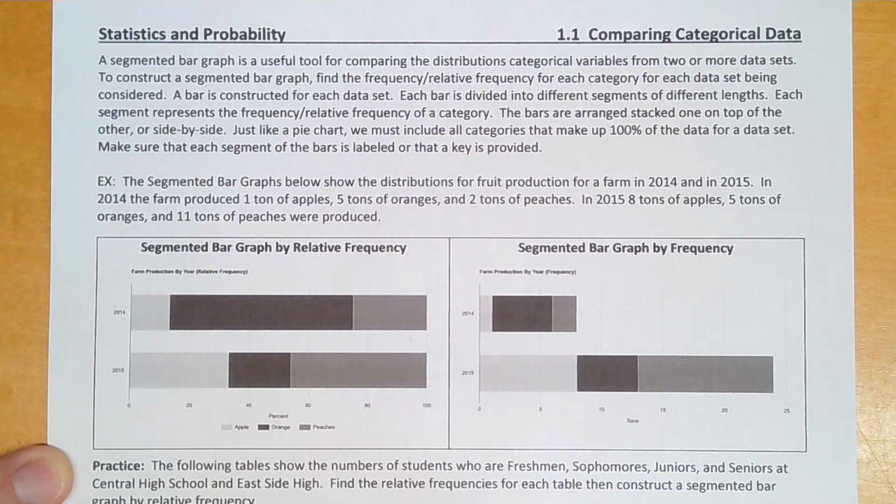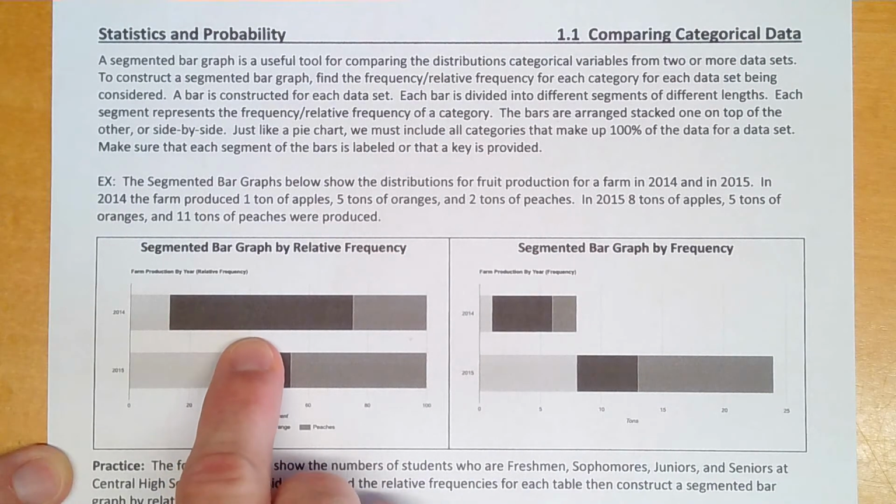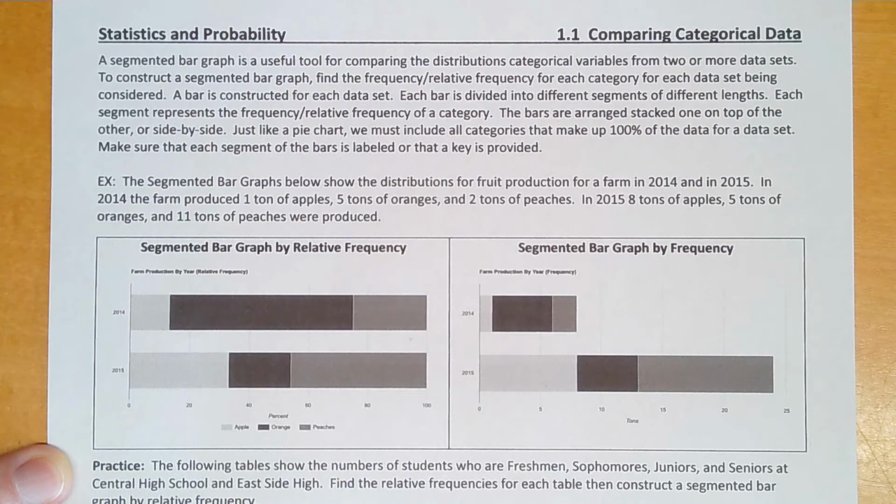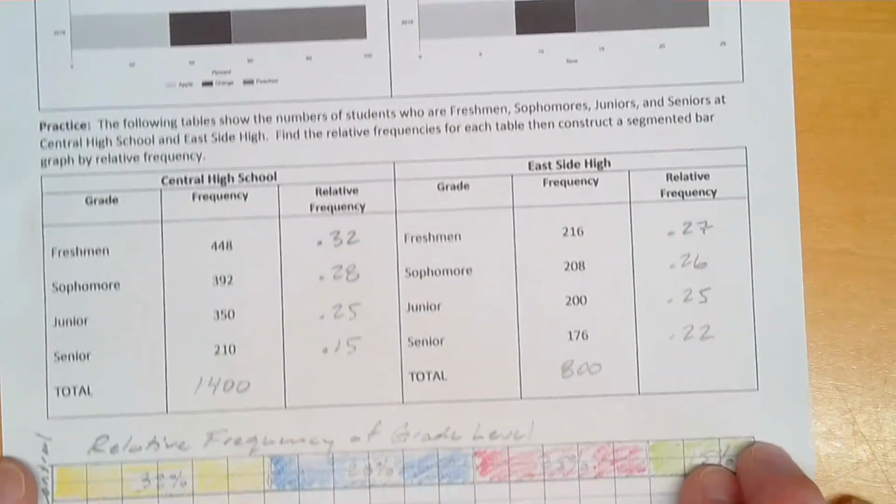So this lets you see that relative to each other, we produced way more fruit in 2015. But you can see here in this one that a larger percentage of the fruit produced, a larger relative frequency, was oranges.